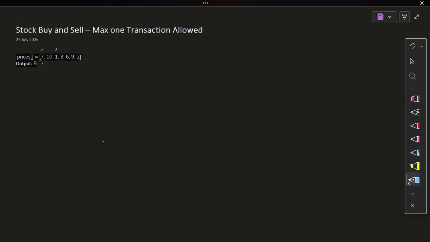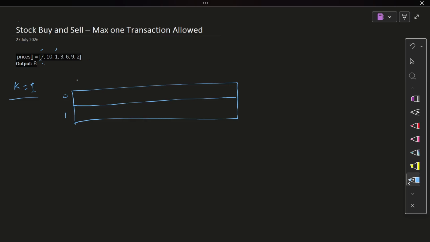Suppose k is the number of transactions, and k equal to 1 is given. How can you solve it? Here you can make a 2D array. Put all the values: 7, 10, 1, 3, 6, 9, 2.